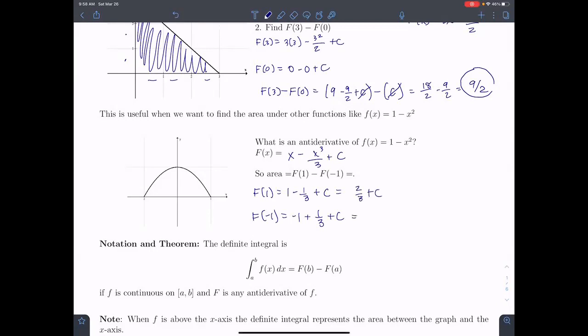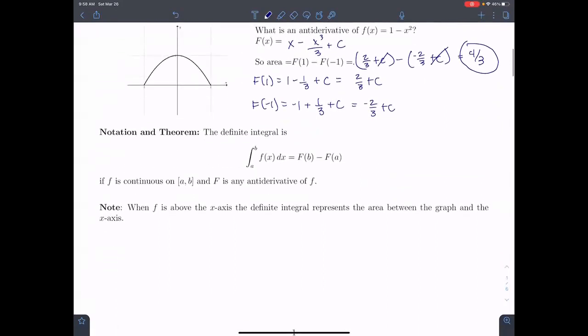And then this would be negative 2/3 plus c. So F of 1 minus F of negative 1 would be 2/3 plus c minus negative 2/3 plus c. Distributing that minus, the c's would go away, and that would become 2/3 plus 2/3, which is 4/3, which is a little more than 1. So that's good.